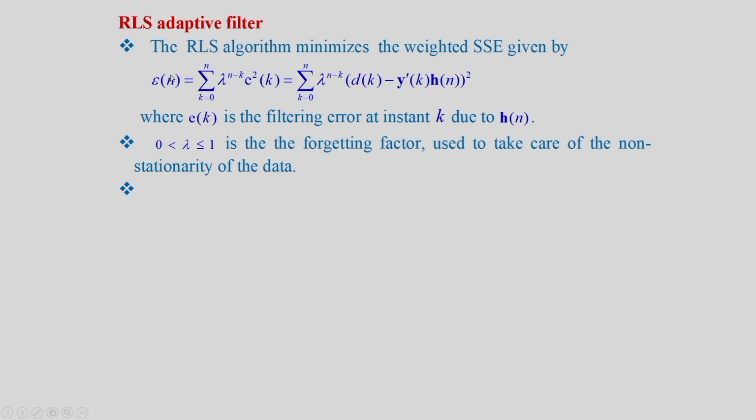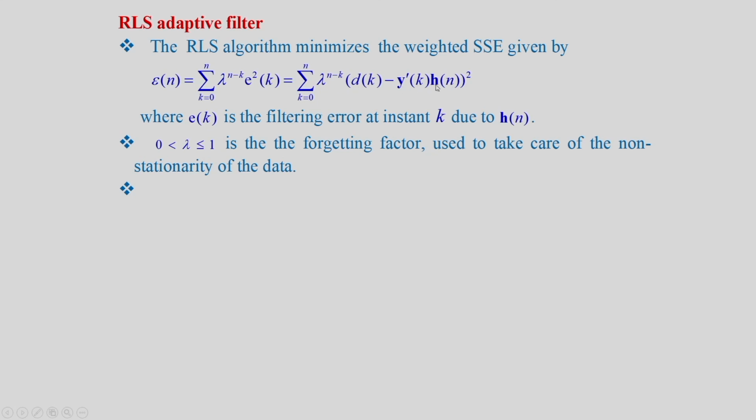So, the error to be minimized is epsilon[n] is equal to summation lambda to the power n minus k into e squared[k], k going from 0 to n. So, from the beginning n equal to 0 to the current n, all the errors are considered, and this is given by summation lambda to the power n minus k into (d[k] minus y transpose[k] into h[n]) whole squared, k going from 0 to n.